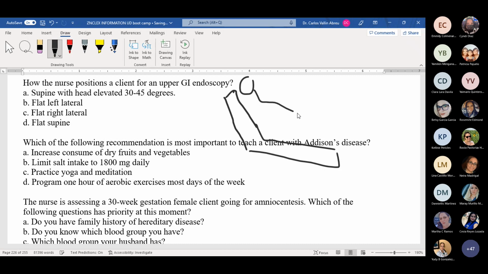I saw somebody has this question in English. The patient needs to be supine, but needs to have the head of the bed elevated. And generally, the doctor is going to introduce the needle on the right side, in the right lower quadrant, let's say the quadrant of the appendix.